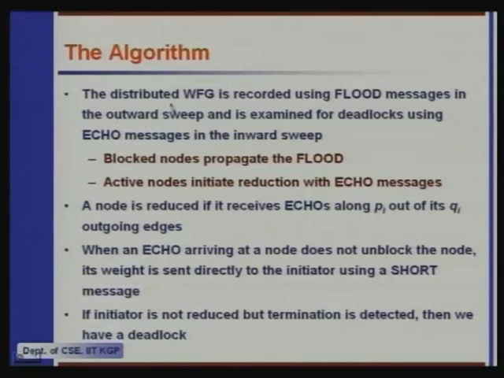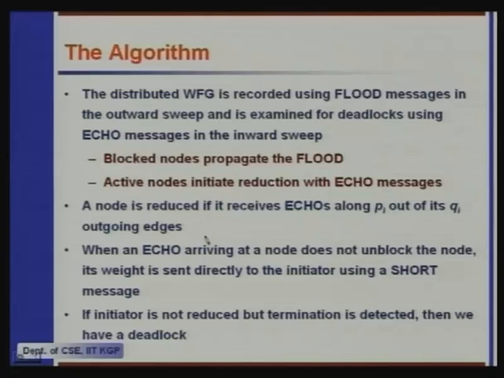The distributed wait-for graph is recorded using flood messages in the outward sweep and is examined for deadlocks using echo messages in the inward sweep. Blocked nodes propagate the flood, active nodes initiate reduction with echo messages. A node is reduced if it receives echoes along pi out of its qi outgoing edges.